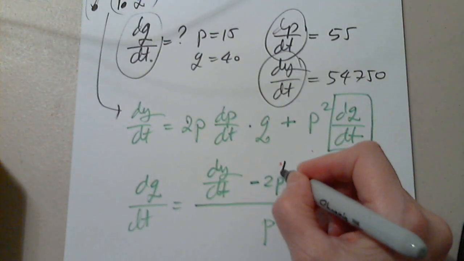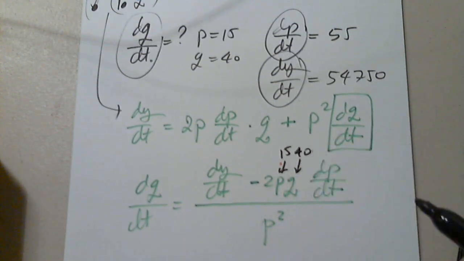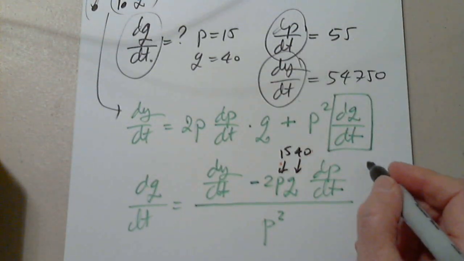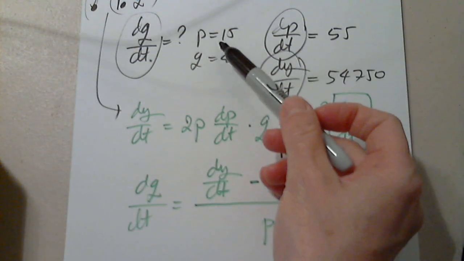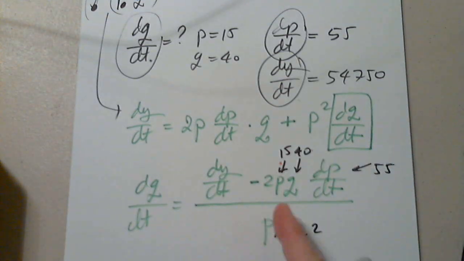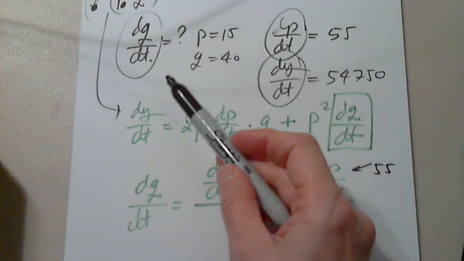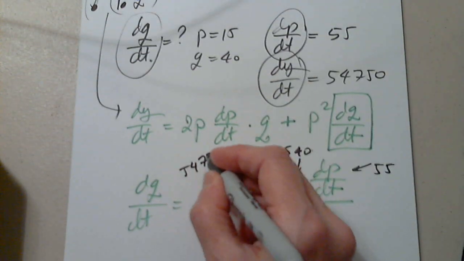So p has to be replaced by 15. Q has to be replaced by 40. dp over dt has to be replaced by 55. P squared has to be replaced by 15 squared. Don't try to simplify. This is not a factor here, please. And dy over dt is 54750.